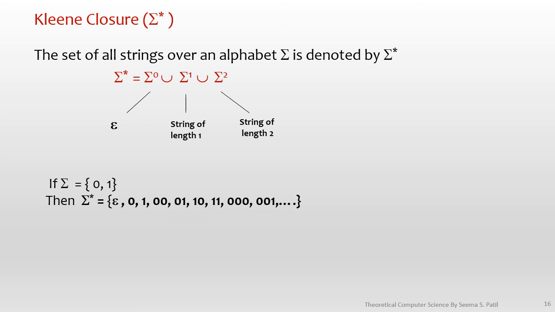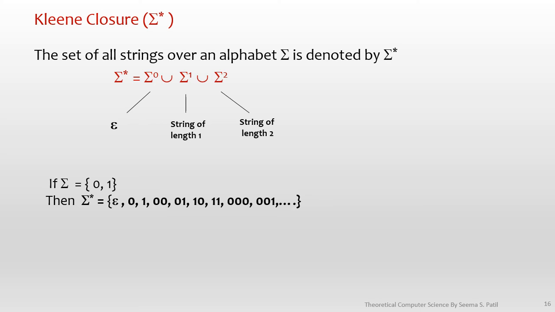The set of all strings over an alphabet sigma is denoted by sigma star. Sigma star equal to sigma raised to 0 union sigma raised to 1 union sigma raised to 2. Sigma raised to 0 means it includes epsilon. Sigma raised to 1 means string of length 1 and sigma raised to 2 means string of length 2.